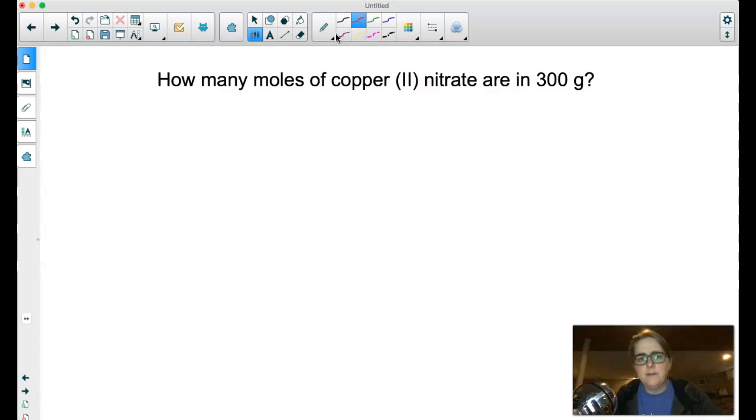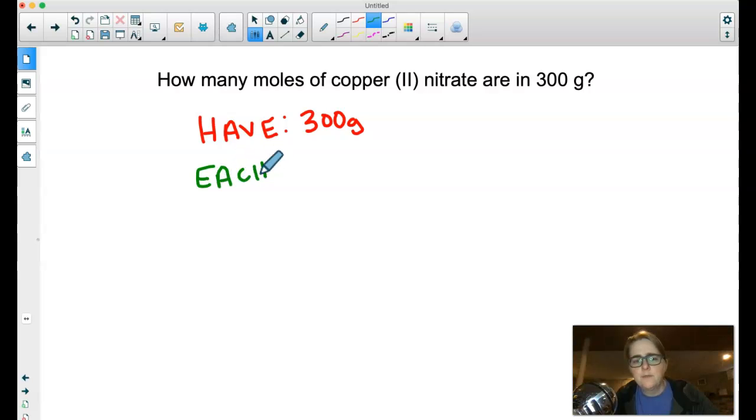So what that means is if I'm in the lab, I have a pile of this stuff sitting on my balance. If I have 300 grams, I know from the work we just did that each mole of copper 2 nitrate is this 187.464 grams.